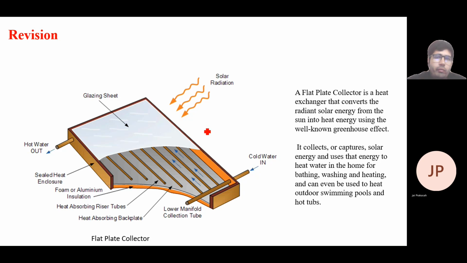We have already covered the greenhouse effect. We know that when the solar radiation strikes the earth's surface, it reflects. Then it strikes the greenhouse gases, and those gases radiate the heat again, and that will be in the infrared spectrum.